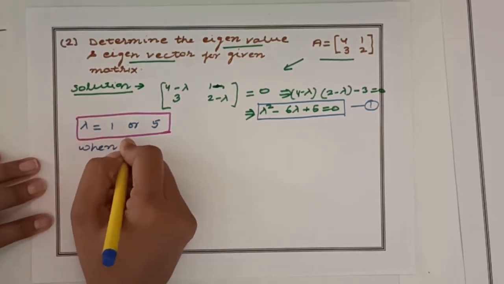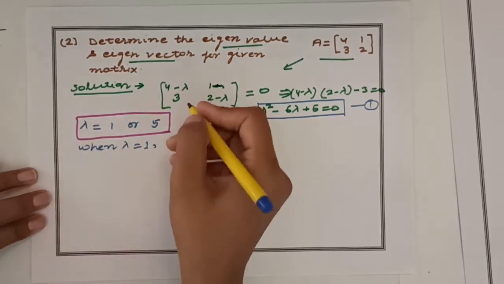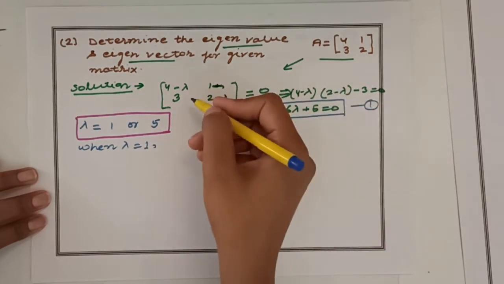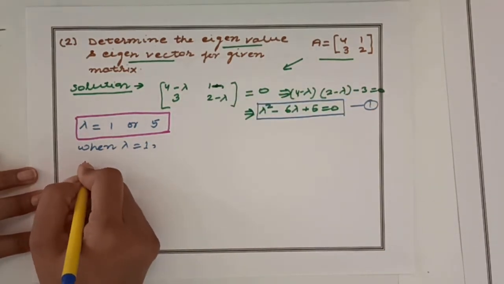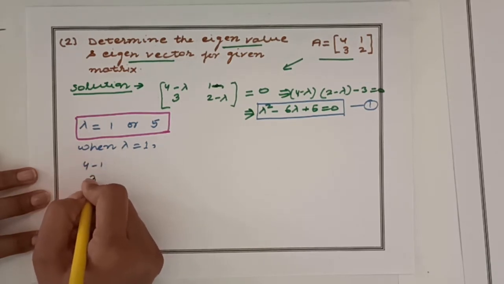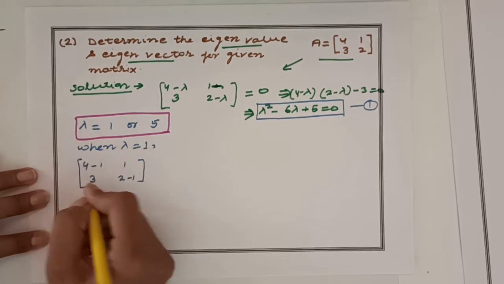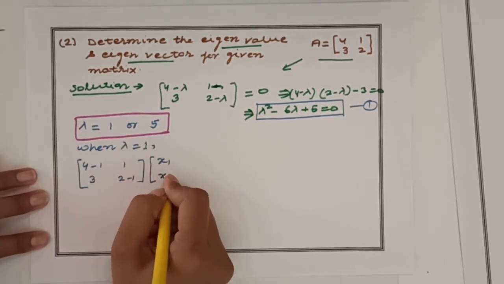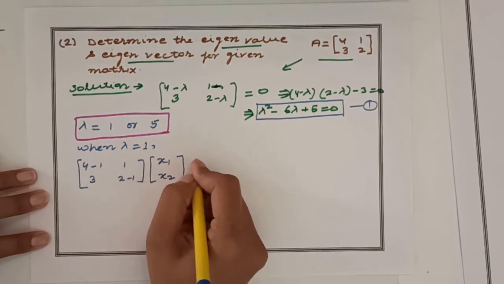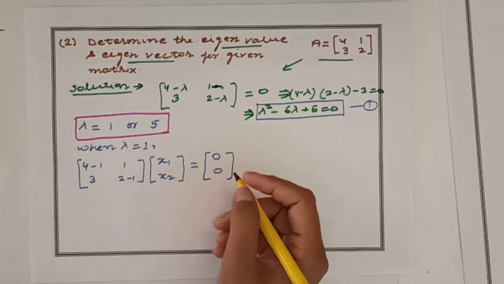First case, when lambda is 1. Now substitute lambda is 1 into this particular matrix. What you will be getting over here? 4 minus 1, this term is 3, this is 1, 2 minus 1, and the terms will be x1, x2, this is equal to 0, 0.